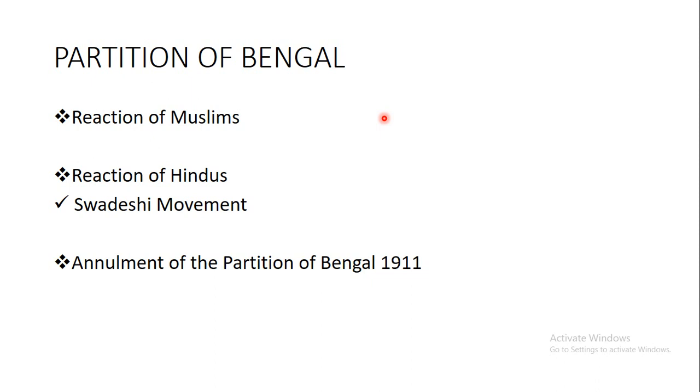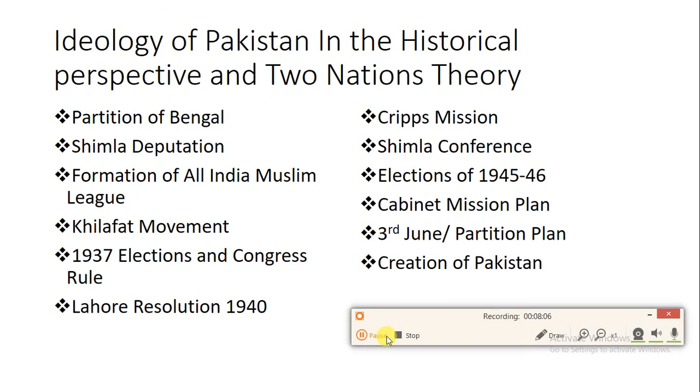But when the partition was held, the reaction of Hindus was very hostile, and we can say that the activities and demands of the Congress made the Muslims realize that it was high time they took steps to safeguard their interests.